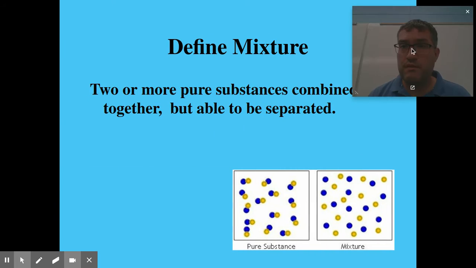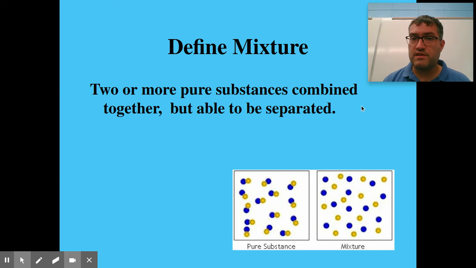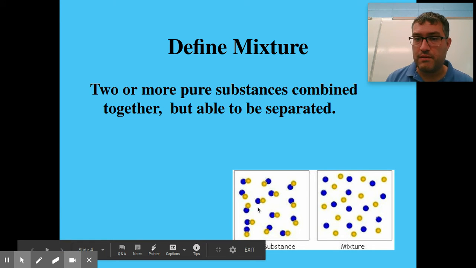Okay, so a mixture is two or more pure substances that are combined together. They're not attached with a chemical bond. So if I look at my picture here down below, this is a pure substance because if I pick one thing, this one, every single one of these, even though they're rotated, looks exactly the same.